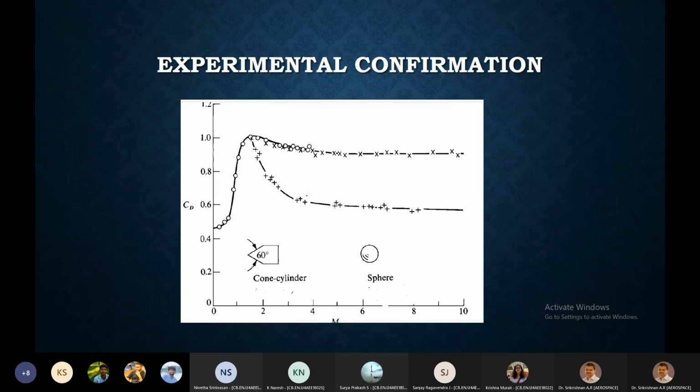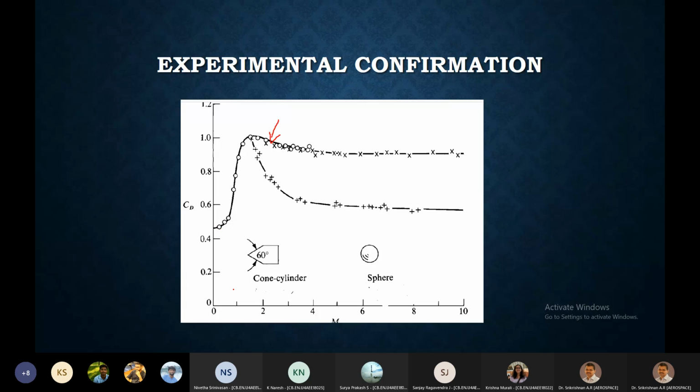The graphs that you see are CD versus Mach number. That is, on the y-axis, CD is plotted. On the x-axis, it's Mach number. Let's just look at one of them, the top one. Let's try to understand the message carried by that particular graph.